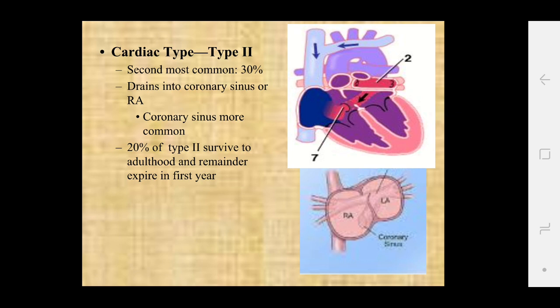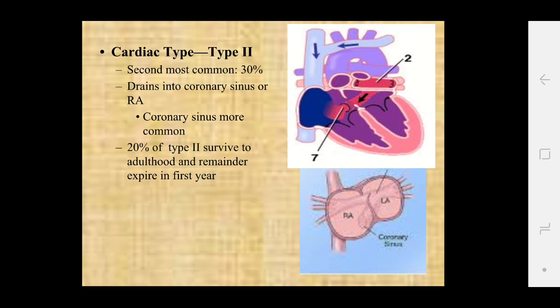Cardiac type. This is the second most common type, which represents 30%. In this anomaly, usually the pulmonary veins join the heart itself. These pulmonary veins either join the right atrium itself, or join the coronary sinus, which terminates in the right atrium.